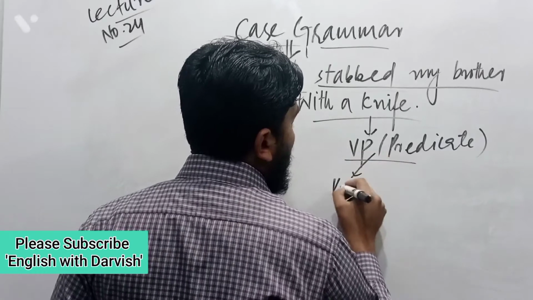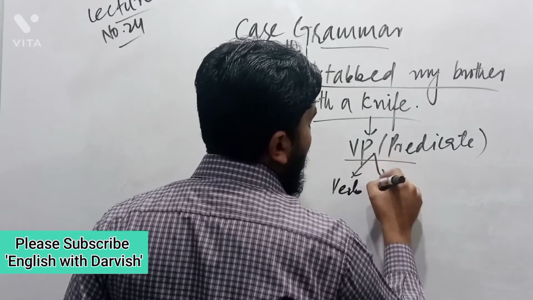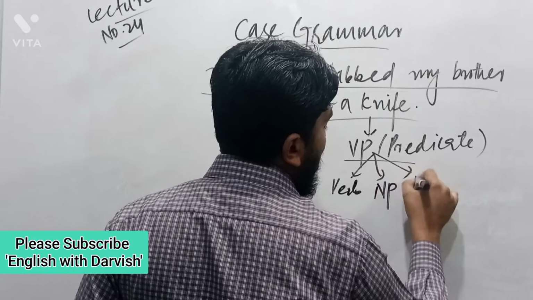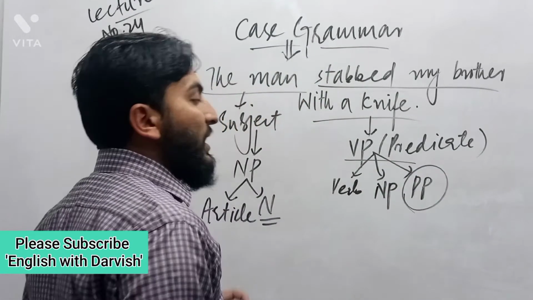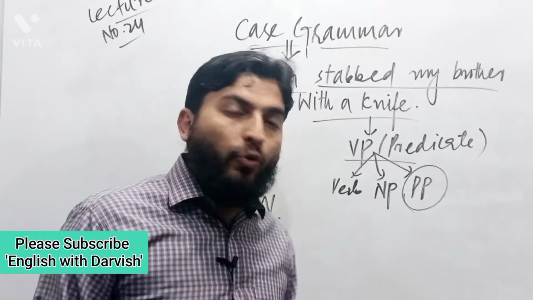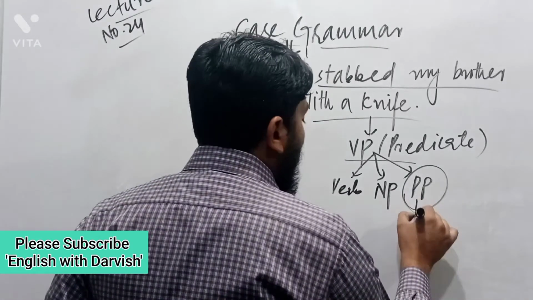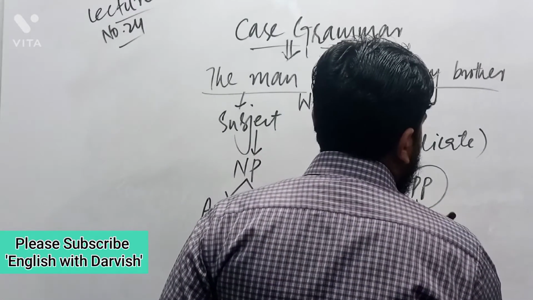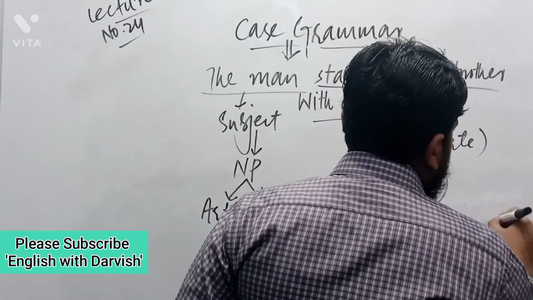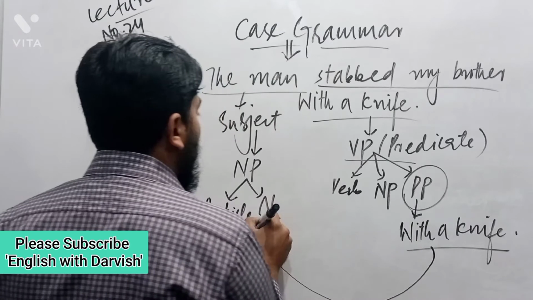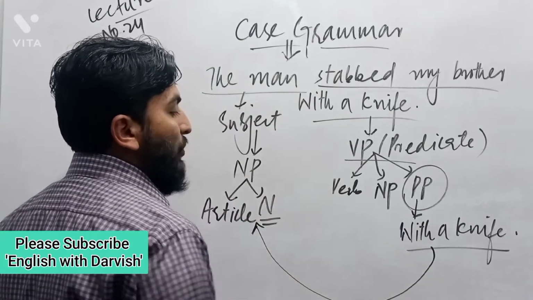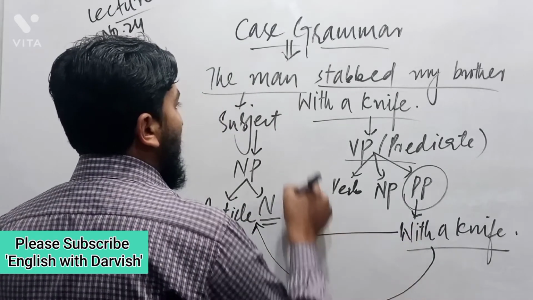There is a verb as head, and there is a noun phrase, and there is a prepositional phrase. If I take the prepositional phrase as a separate phrase, this shows that this phrase, with a knife, is not in the hand of my brother, but rather with the subject. It is in the hand of the man.